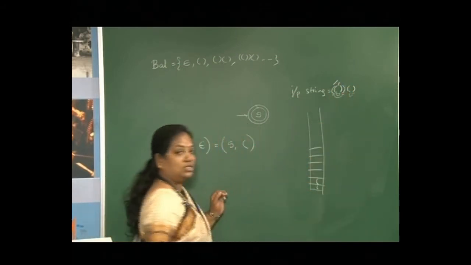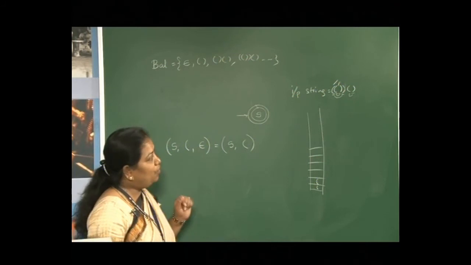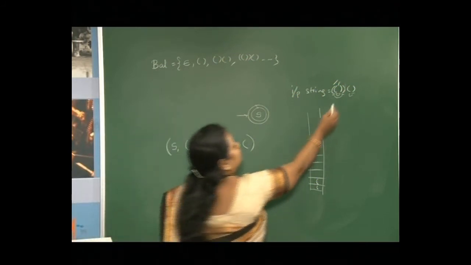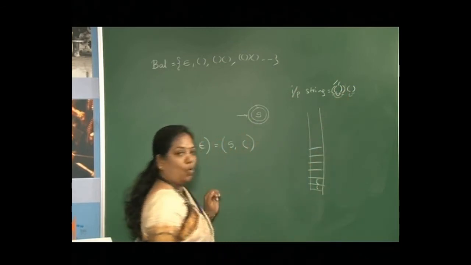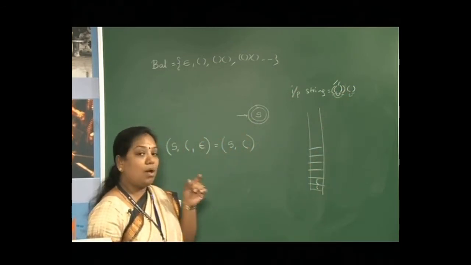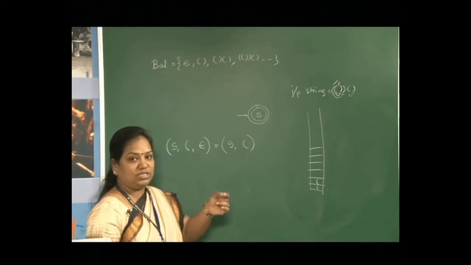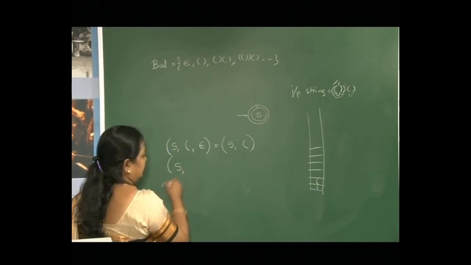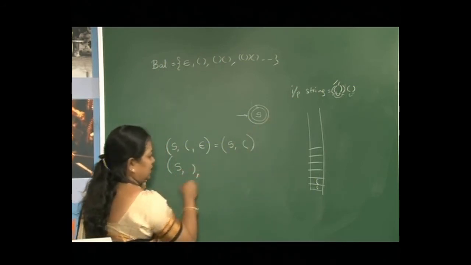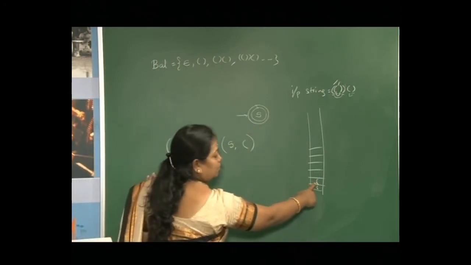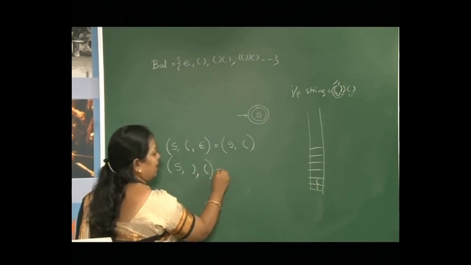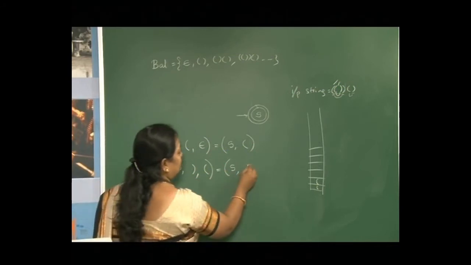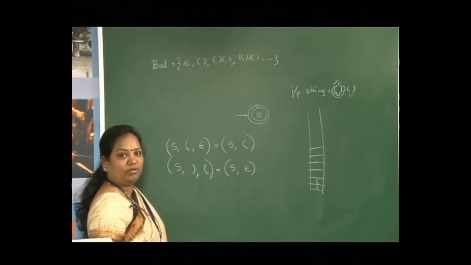Next, I come across a closing parenthesis. How will we handle this? I must pair this closing parenthesis with an opening parenthesis; I must count opening and closing. So at state S, if I come across a closing parenthesis and the topmost element of the stack is an opening parenthesis, then stay in the same state and pop the topmost element of the stack.